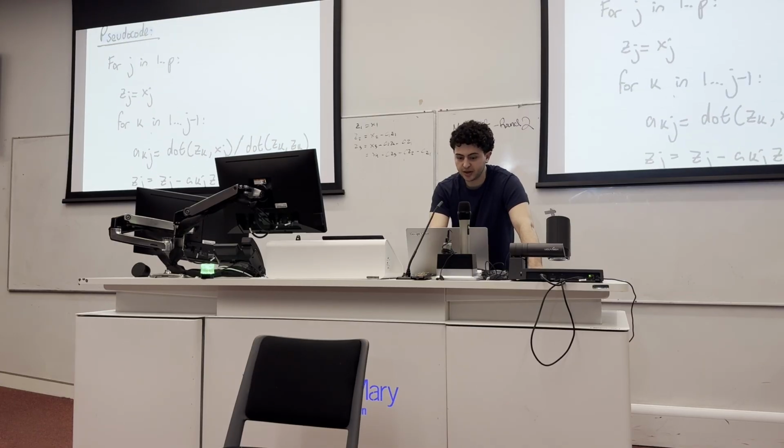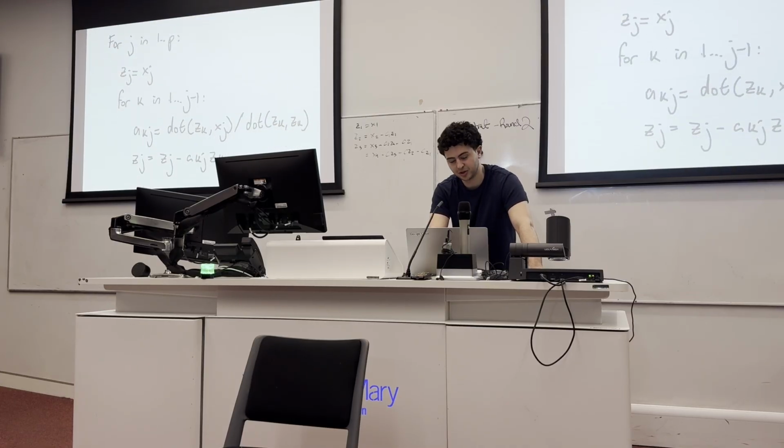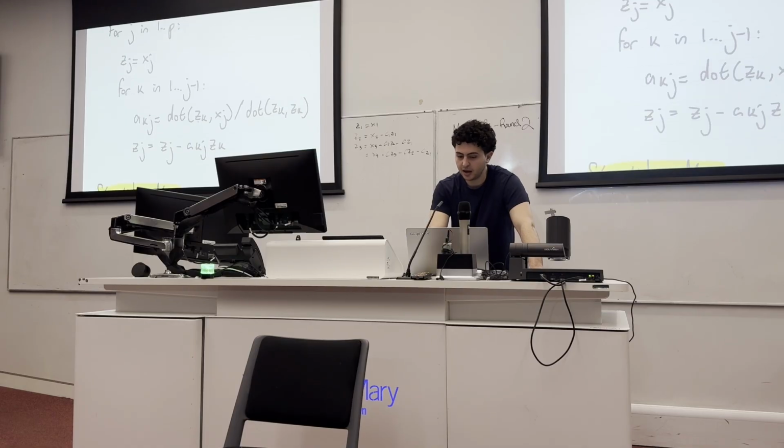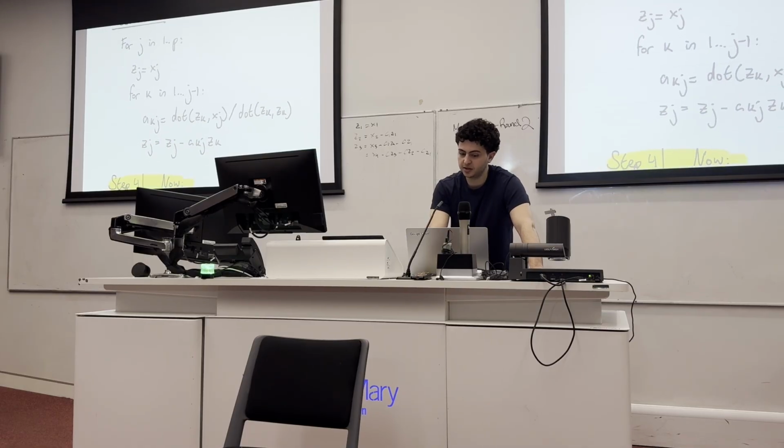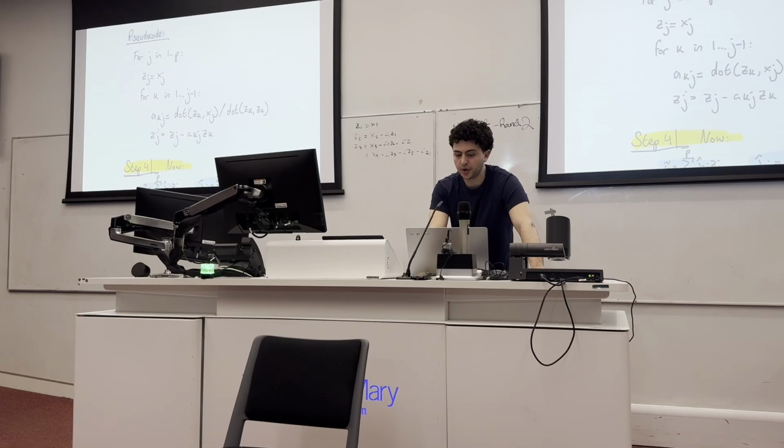So we're going to go from 1 to j minus 1, and we're going to compute the dot product of zk and xj divided by the dot product of zk with itself, and then subtract this from zj, right? When j is 2, we only subtract it once. When this is 3, we subtract it 2 times, 3 times, and so on and so forth.